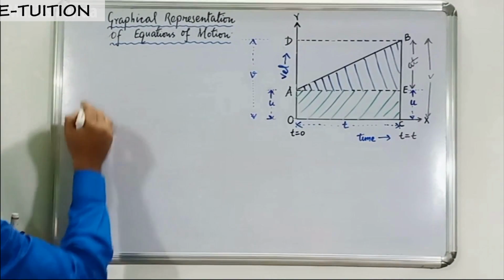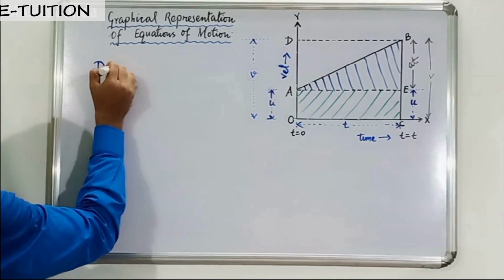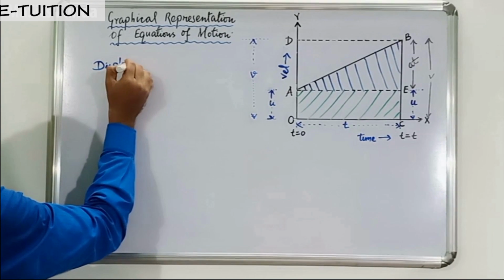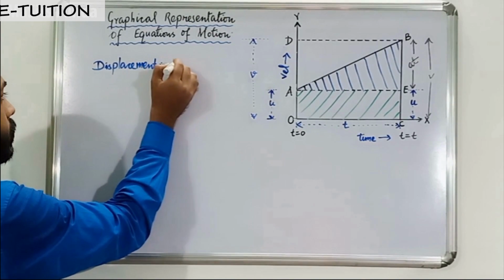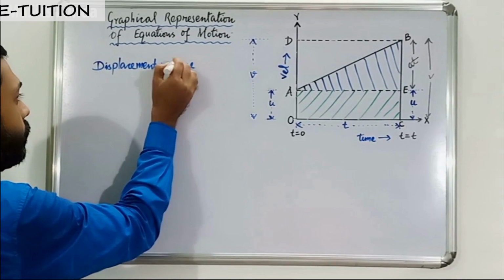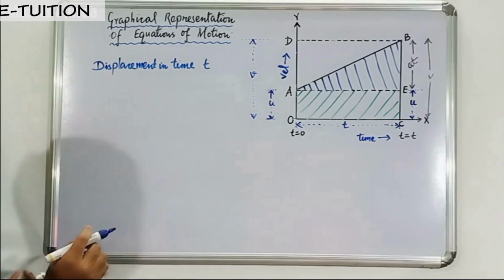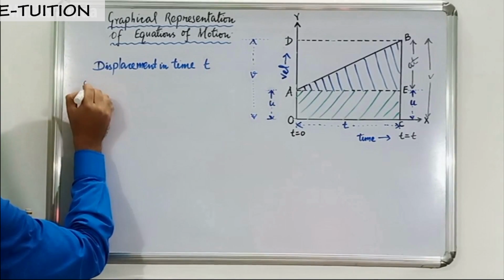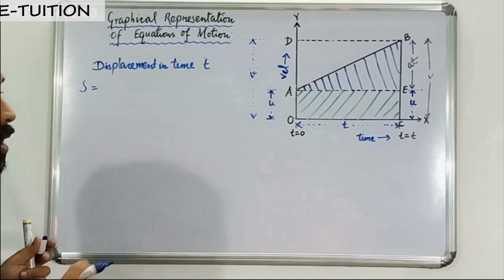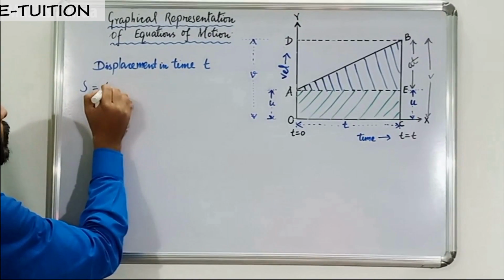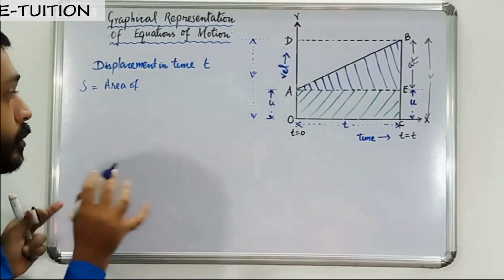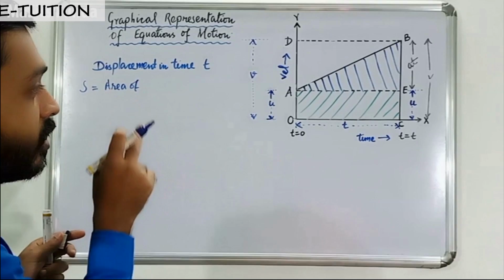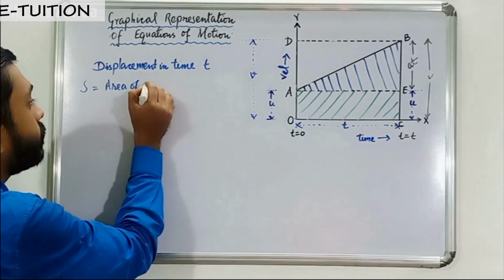So we can write the displacement in time t, which is S, equal to the first part, the area of the rectangle AOCE.